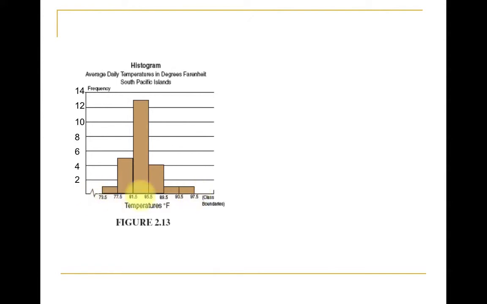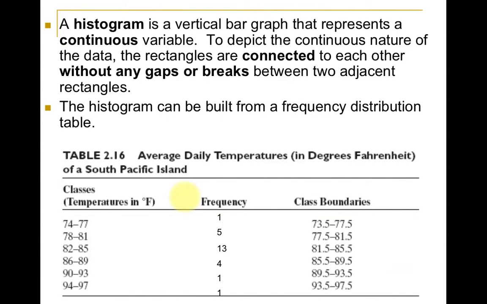So that horizontal axis is labeled so that it appears like the class boundaries. 73.5, then you make another notch for 77.5, and another notch for 81.5, another for 85.5, another for 89.5, and another for 93.5. Now, you don't put the ending boundary, you just put the single class boundary, because it's continuous.